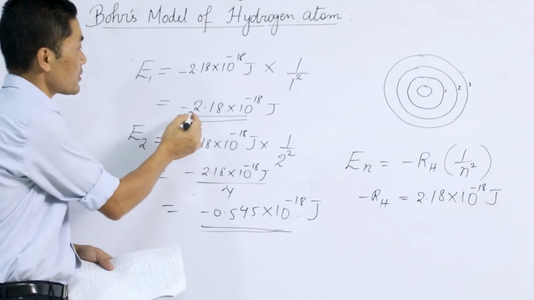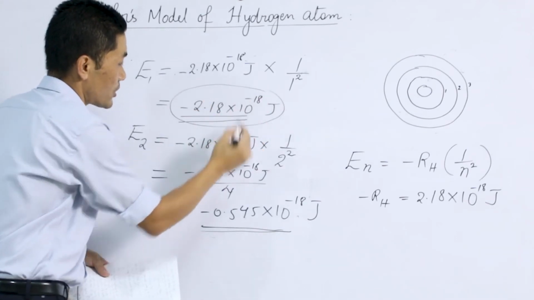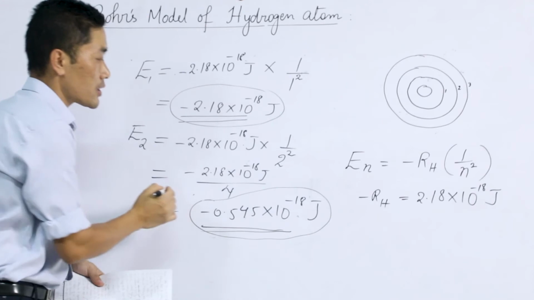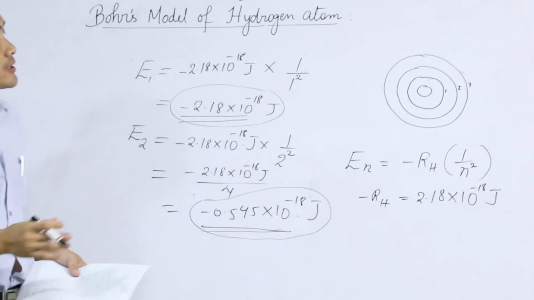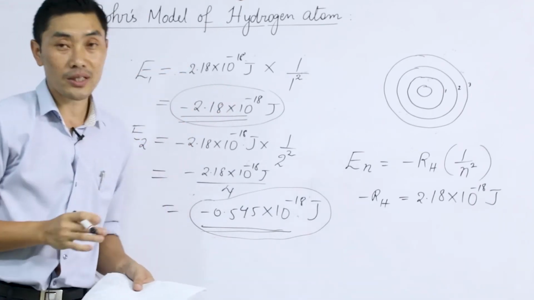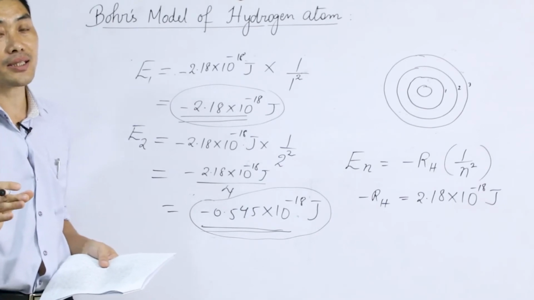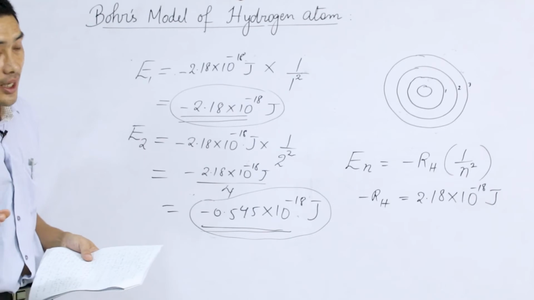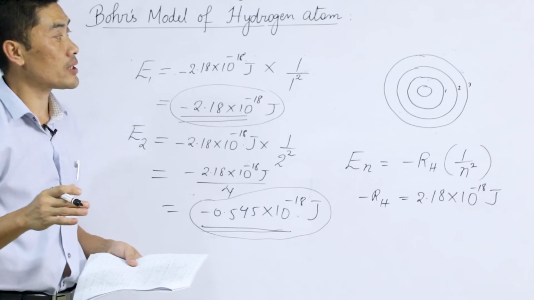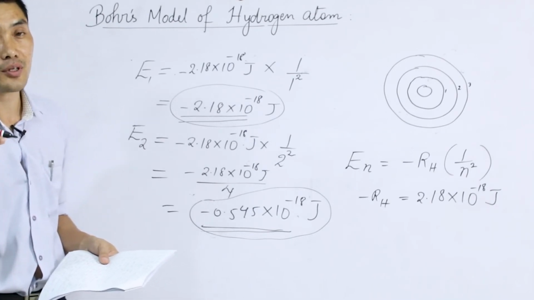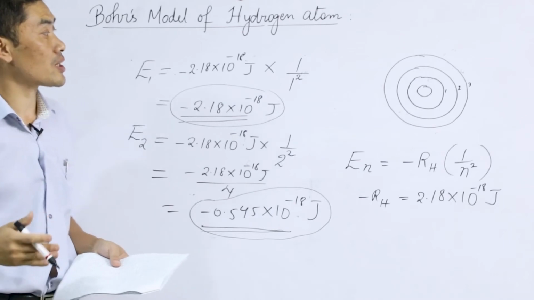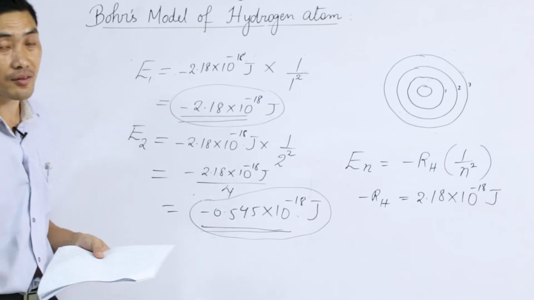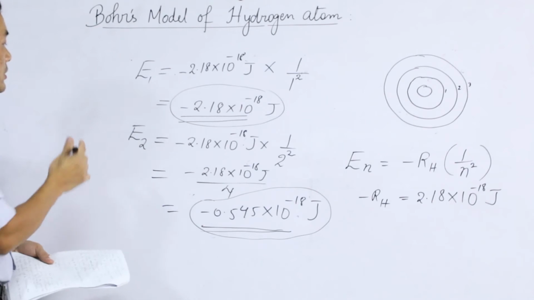The negative sign here for this energy of the orbits indicates that the electrons in these orbits have lower energy than that of an isolated electron. An isolated electron is one which is supposed to be at an infinite distance away from the nucleus, and its value is taken as 0.